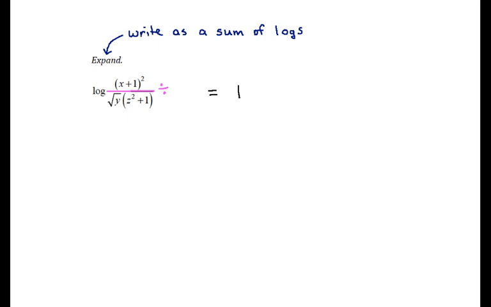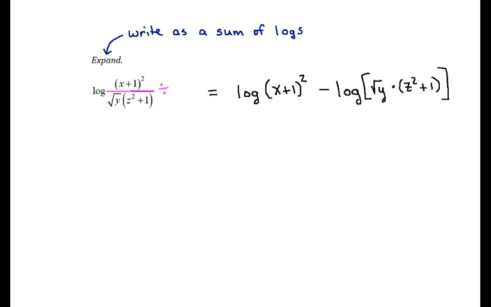So I'll write this as log of x plus 1 squared minus the log of everything in the denominator: square root of y times z squared plus 1. And then I keep applying this kind of reasoning.